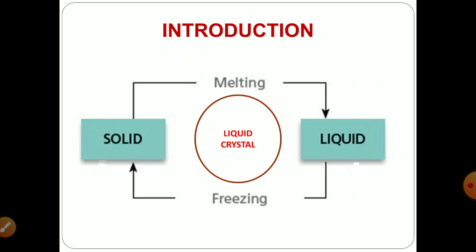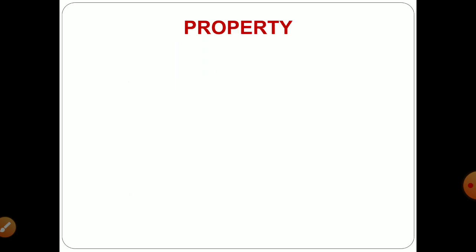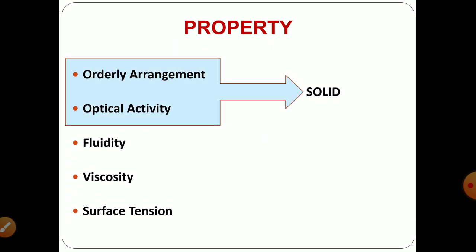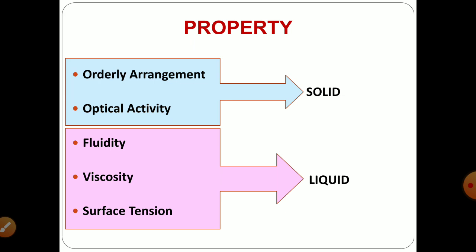The appearance of this liquid crystal is turbid in nature. That's why it has a near to semi-solid appearance. As we have seen, they have a blend of the structure and properties of solid and liquid, so obviously the properties are a blend of solids and liquids.